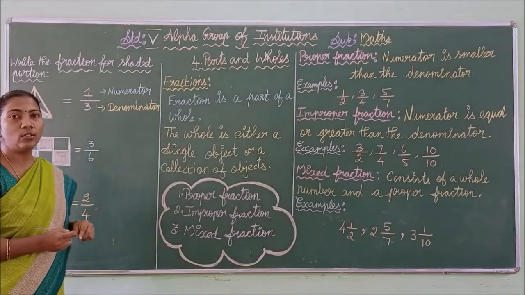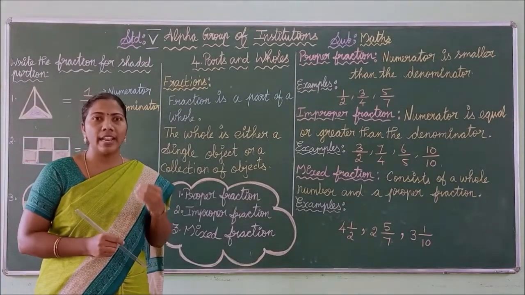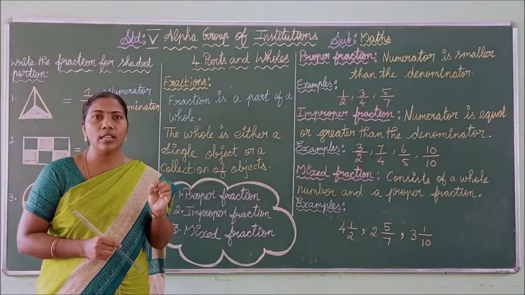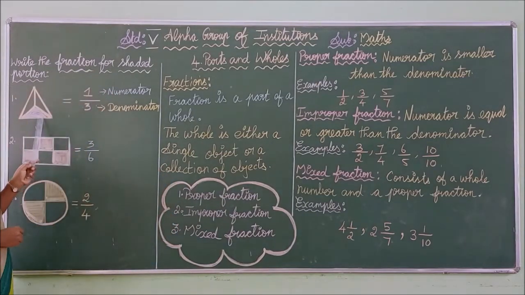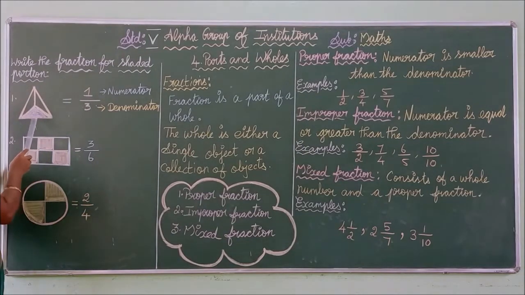What is given in the question? We have to write the fraction for the shaded portion. They have given one shape, divided into some equal parts. See here, what is the shape? Triangle.